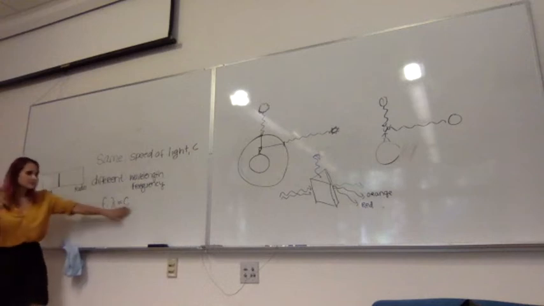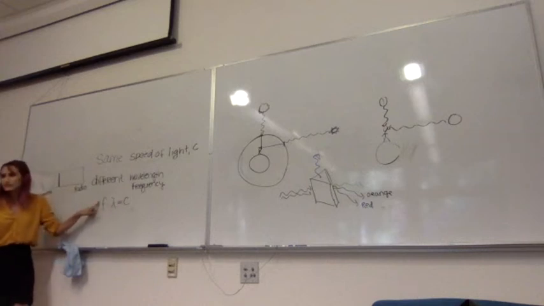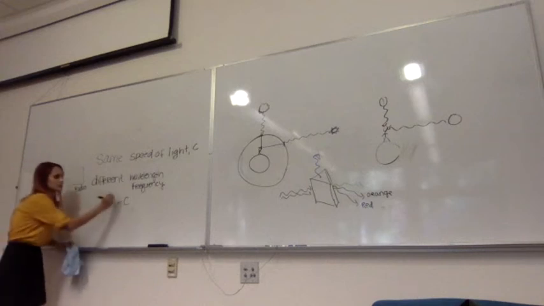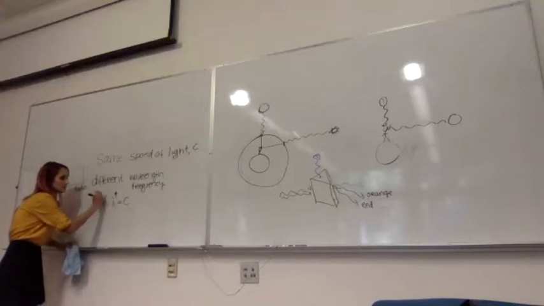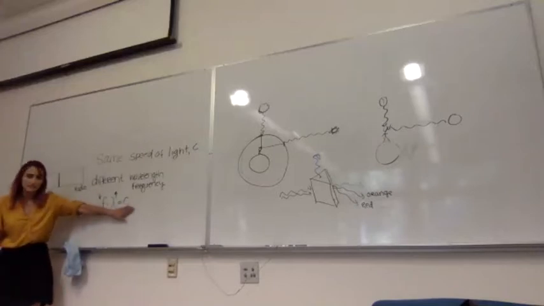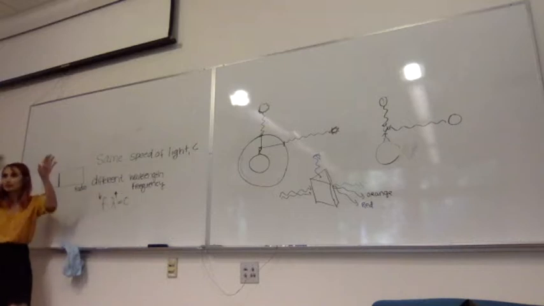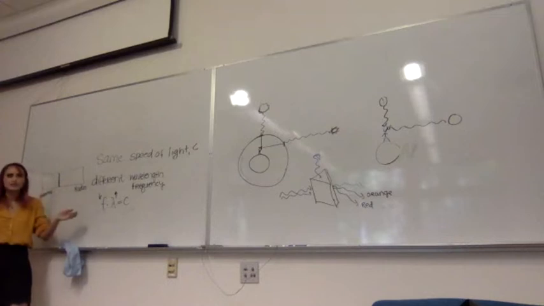If this stays constant and you increase your wavelength, your frequency decreases, right? If one goes up, one has to go down for this to be constant. If this could change, you could have something with a high frequency and a high wavelength. It would just be moving faster than the speed of light, which you can't have.